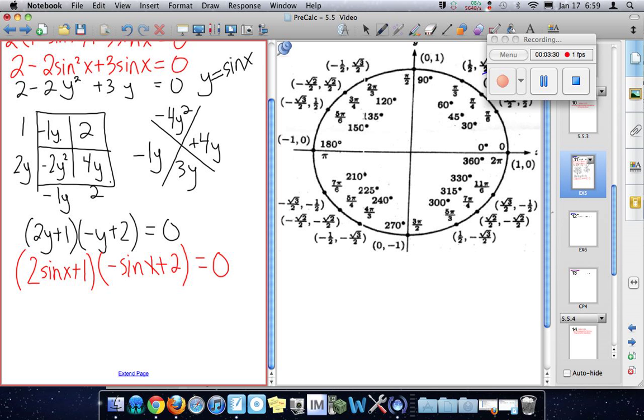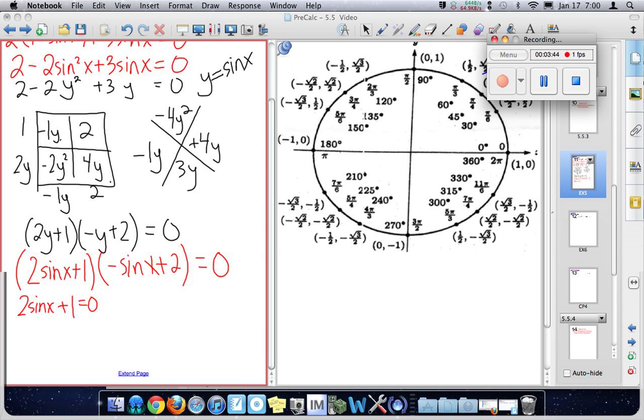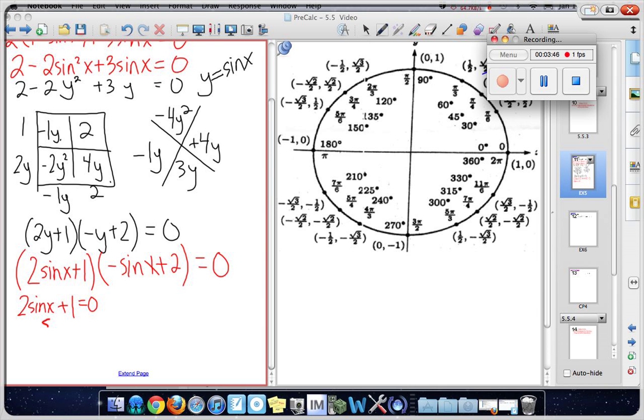So when is 2 sine of x plus 1 equal to 0? Subtracting 1 from both sides, I get 2 sine of x equals negative 1. Dividing by 2 on each side, I get sine of x equals negative 1/2. Now I turn to my unit circle because I need to find the angles where sine is negative 1/2.